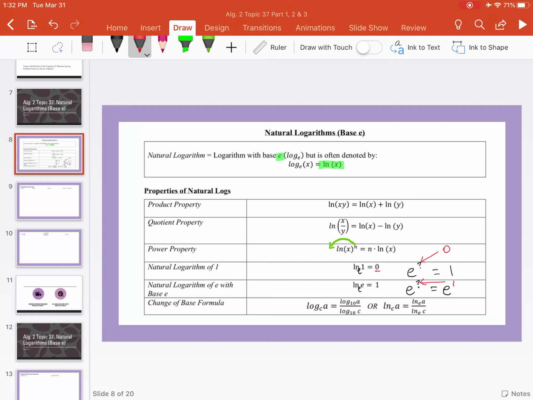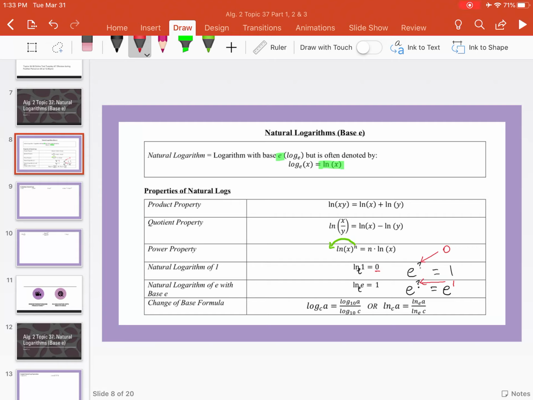Now with the change of base formula, we've seen this with regular logarithms of log base 10, where we have log base c of a is the same thing as log base 10 of a divided by log base 10 of c. However, this also applies to natural logarithms.